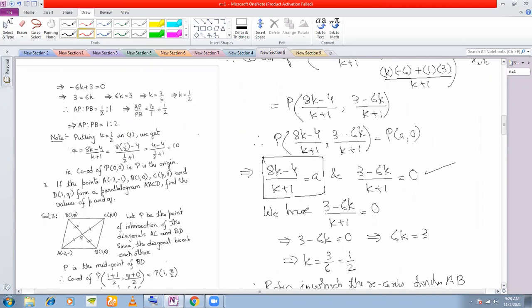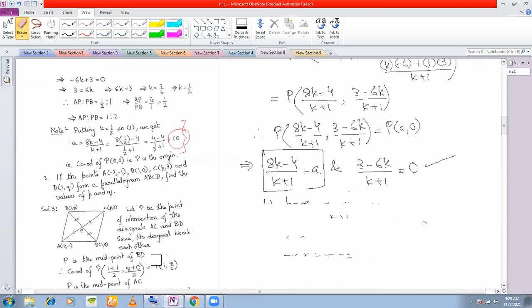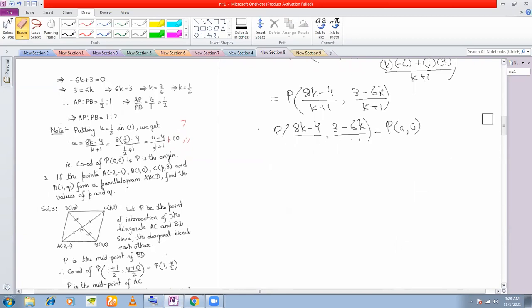I've given you a note here that if you had to find out the coordinates of P, you could put it here, and you will see that you get the value of x as 0. Okay, so the point P comes out to be the origin 0, 0. Anyway, that is not asked. Any question here? Move on to the next question then.